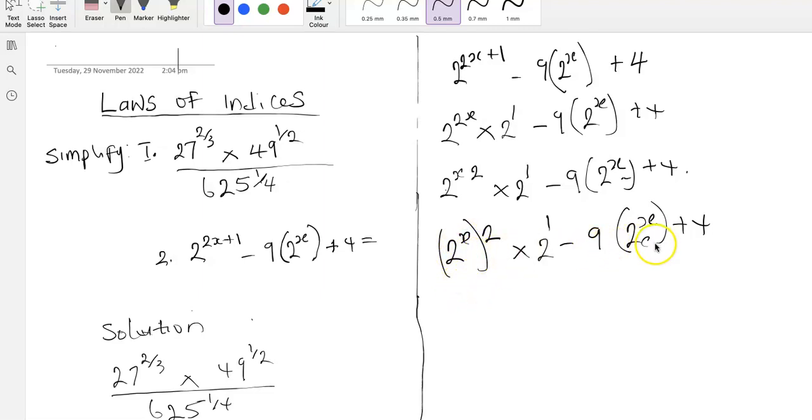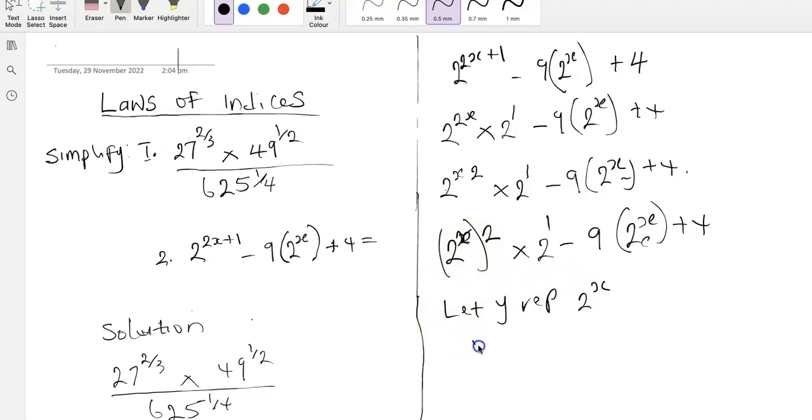So to help me solve that, I'm going to represent this 2 raised to x, because that is where our solution will come from, with another letter. So let y represent 2 raised to x. That will mean that anywhere I see 2 raised to x, I change it to y.